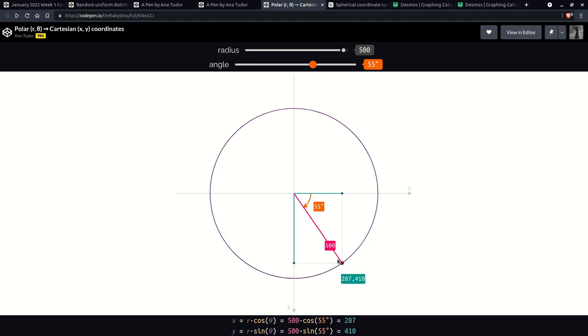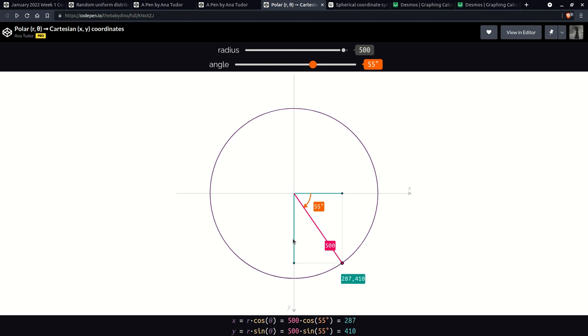If we want to get the coordinates of this point, we use the fact that this being the projection of the radius on the horizontal axis, that angle is 90 degrees, because it's the angle between the axes.